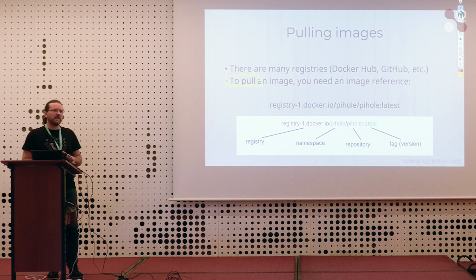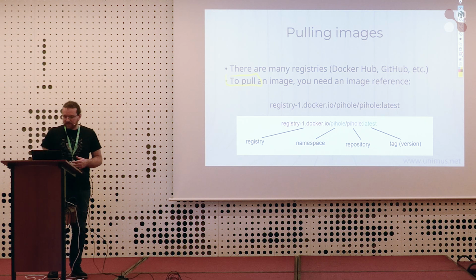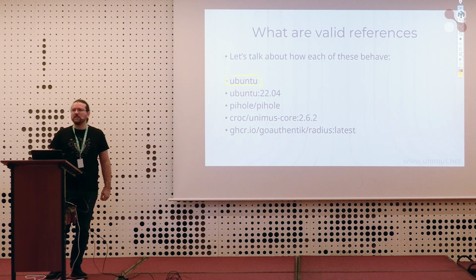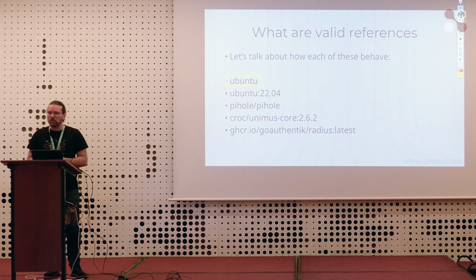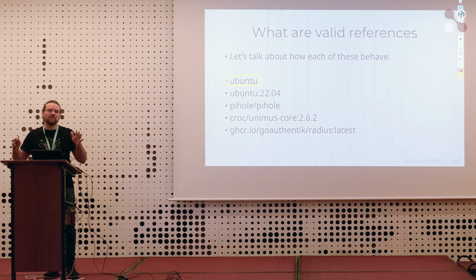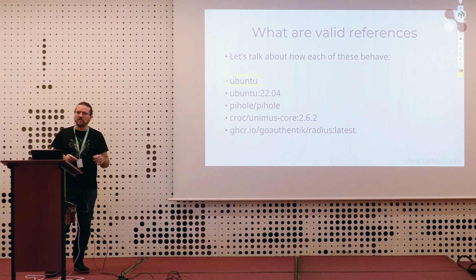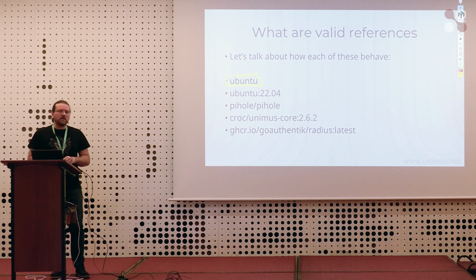Just saying Ubuntu specifies a repository without a namespace. There can definitely be images without a namespace, but this is tightly controlled. Only the most well-known and established organizations, like Ubuntu, like Debian, etc., actually have repositories without the namespace. They exist, but it is not common.